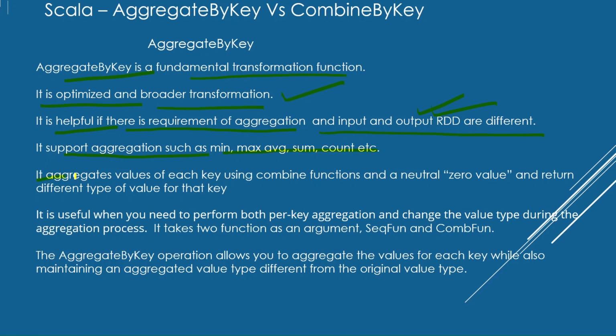It aggregates the values of each key using a combining function and a neutral zero value, and returns a different type of value for that key. So what does it mean?